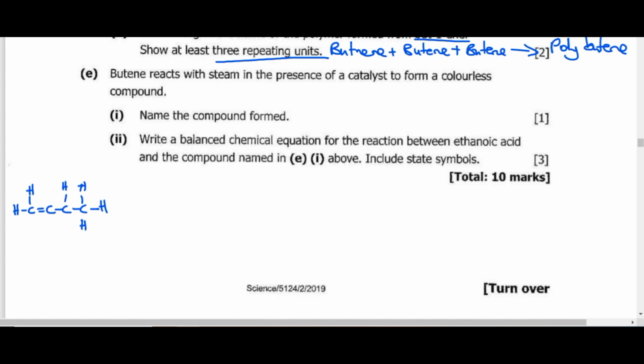Here we have H there. Then we have H there. So 1, 2, 3, 4, 5, 6, 7, 8. So we have 8.